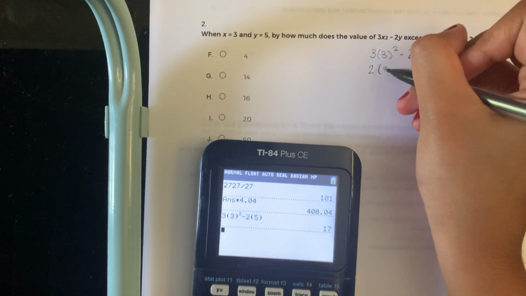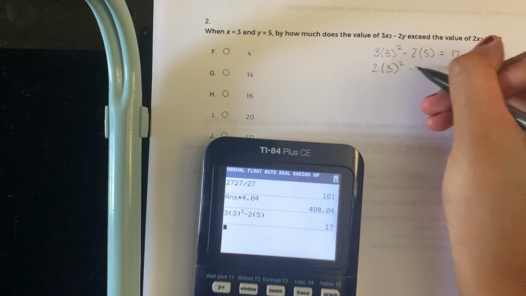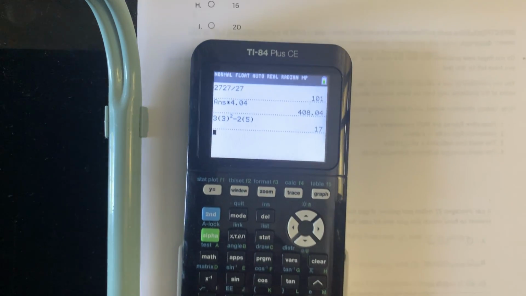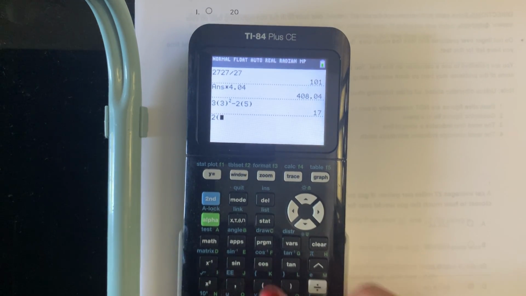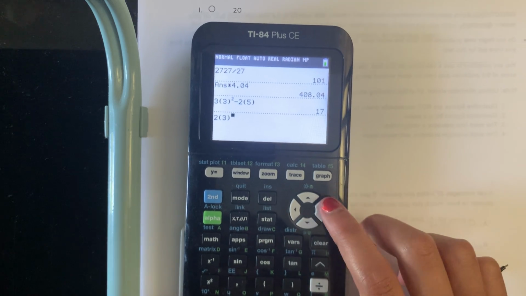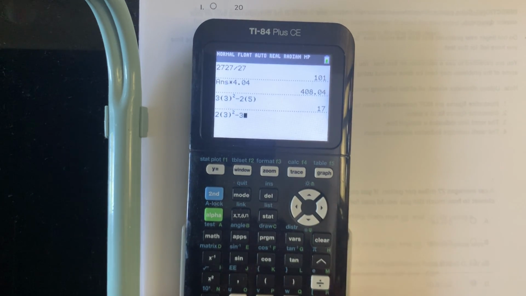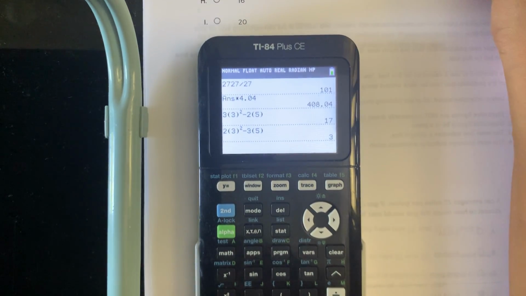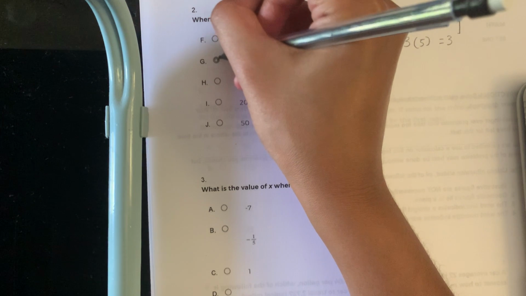And 2x squared minus 3y equals, so let's find that. So 17 and 3 differ by 14, so that is G.